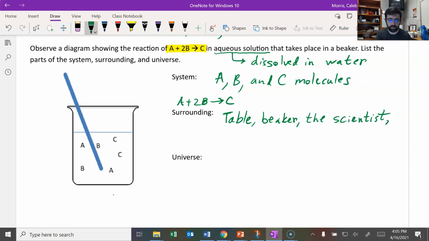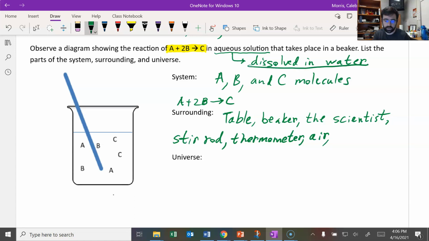I see a little stir rod in there, the stir rod. If I were to put a thermometer in there, the thermometer would be part of the surroundings. I see that there's air coming in contact with the surface. So air is part of the surroundings. And also, because I know it's dissolved in water, water is also part of the surroundings. Okay? That's what the surroundings are.